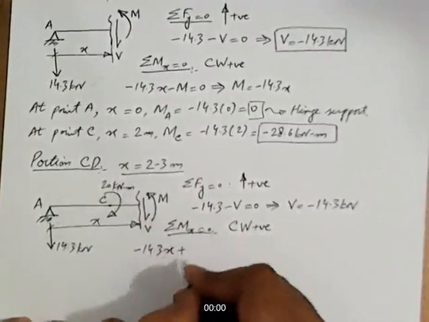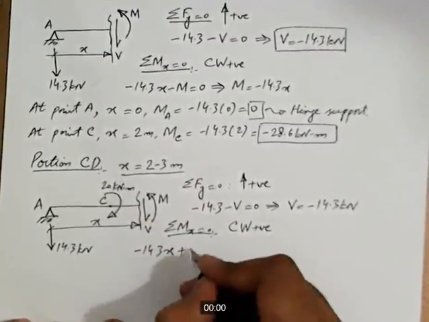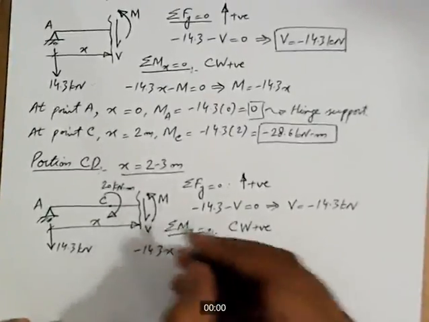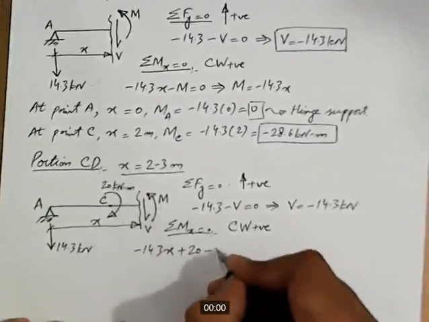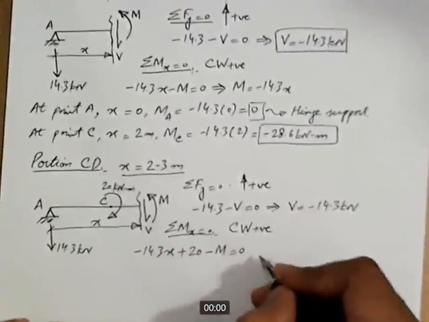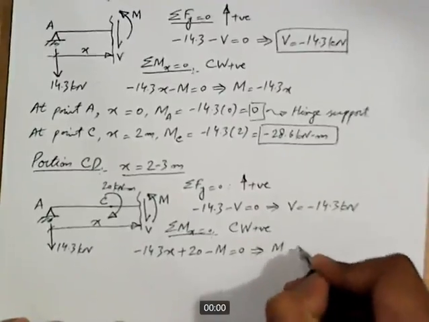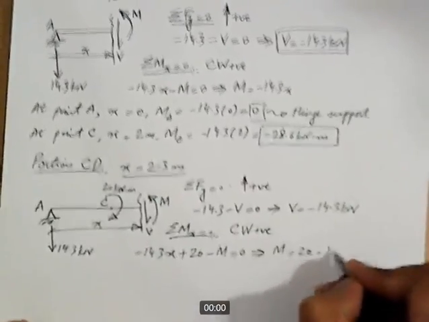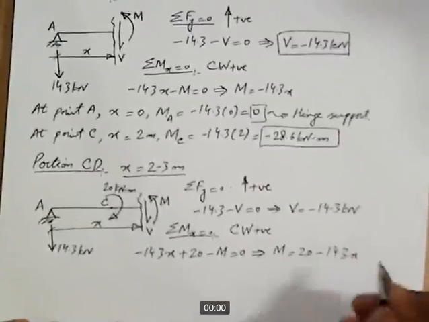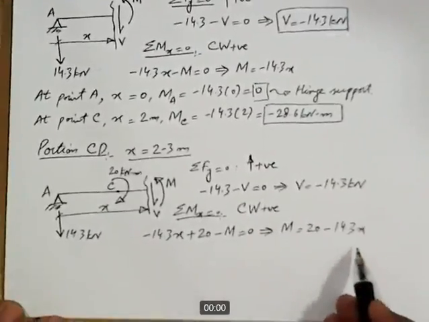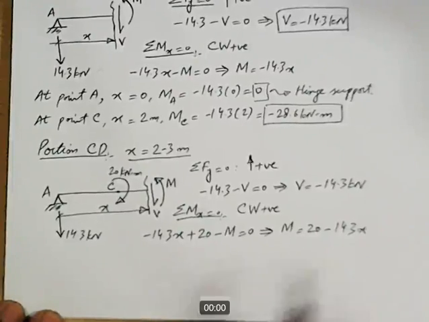It should be positive 20 kilonewton meter, and then this moment in counterclockwise direction, so it will be taken as negative M, and that is equal to 0. If we rearrange this equation, we get M is equal to 20 minus 14.3 X. So in this equation we have variable X. It means the value of moment will vary from point C to point D.